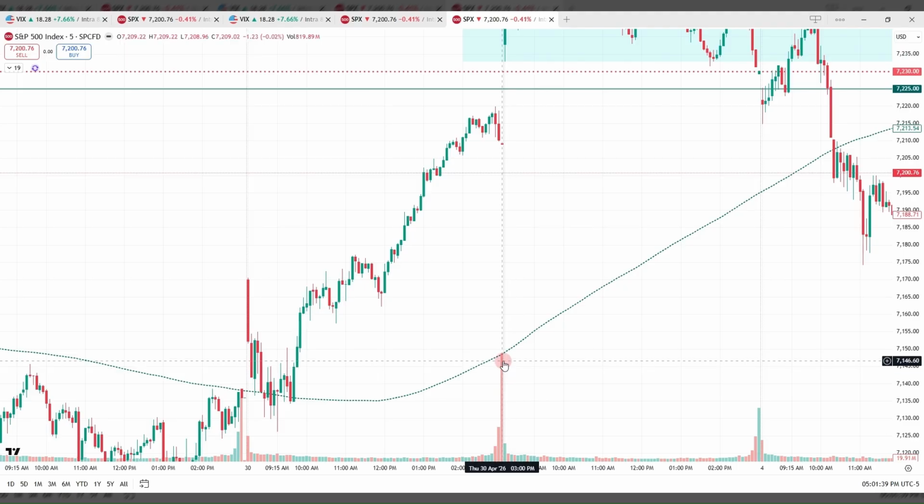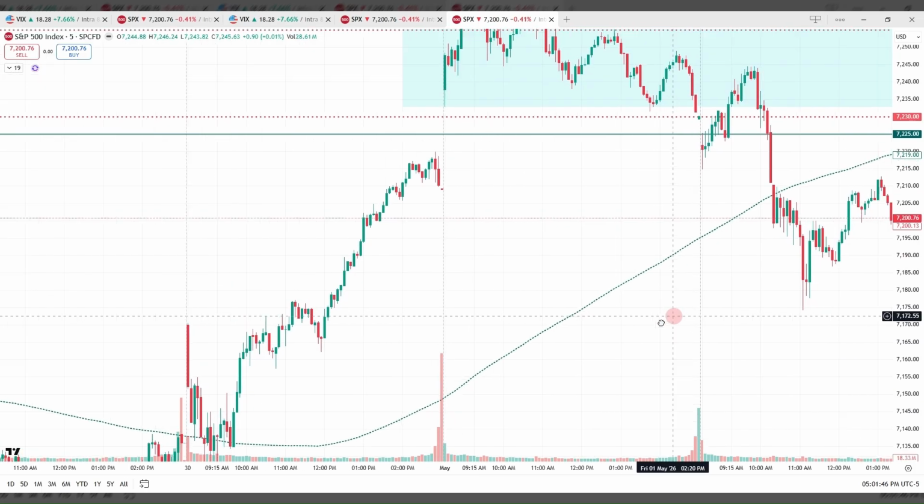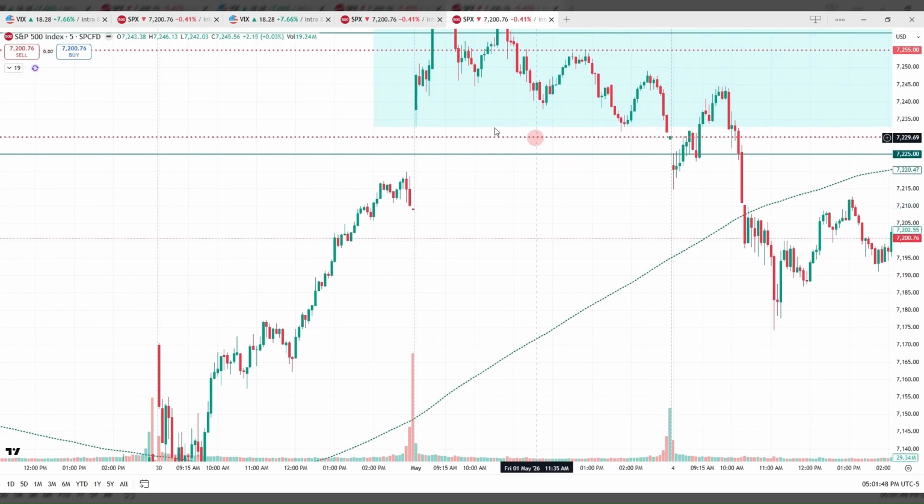So at 10 points, we're below that threshold. So with those conditions, I'm looking at a neutral structure for the trade.